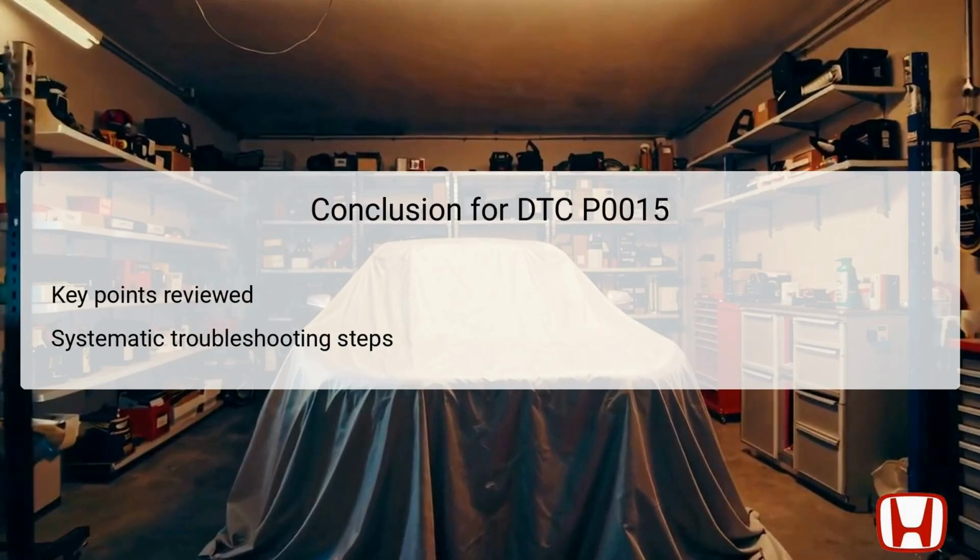In conclusion, addressing DTC P0015 requires a thorough understanding of the variable valve timing system and its components. The common symptoms, possible causes, and detailed troubleshooting steps presented in this guide provide a roadmap for diagnosing and resolving the issue.